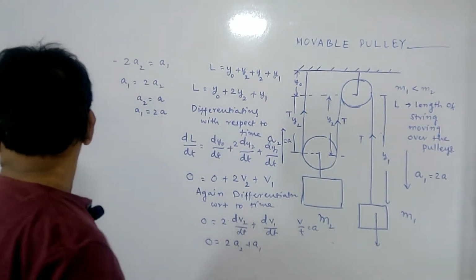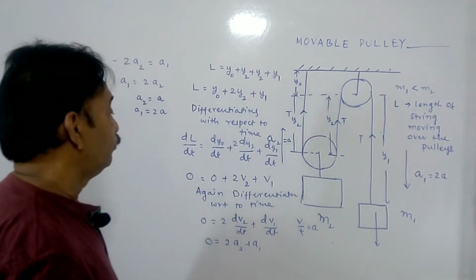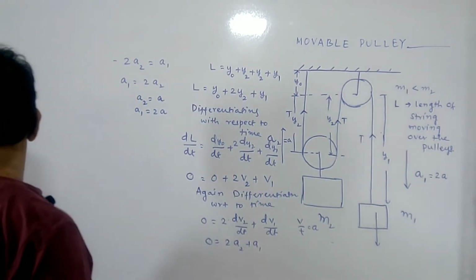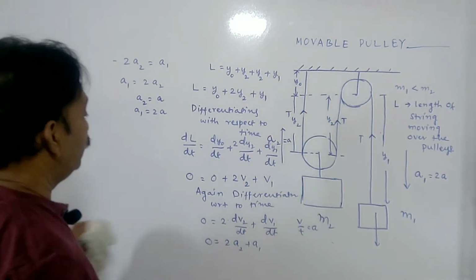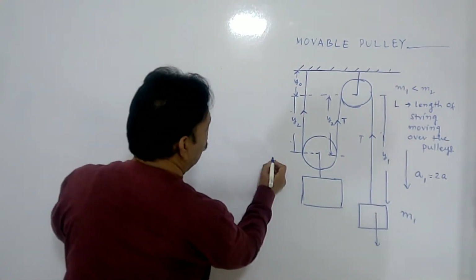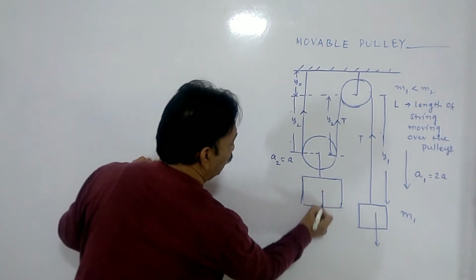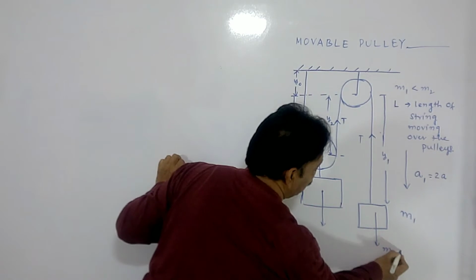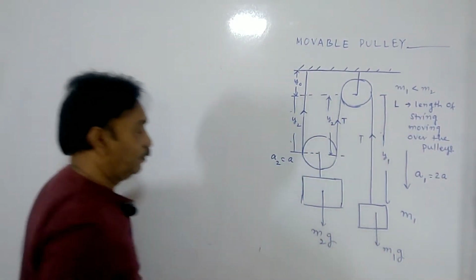Here let's find out the magnitudes of the acceleration, and I said it's a common acceleration it has, and also we need to find the tension. Okay, students, here we got a2 as a, and now if you draw the free body diagrams, it is M1g and it is M2g, students.